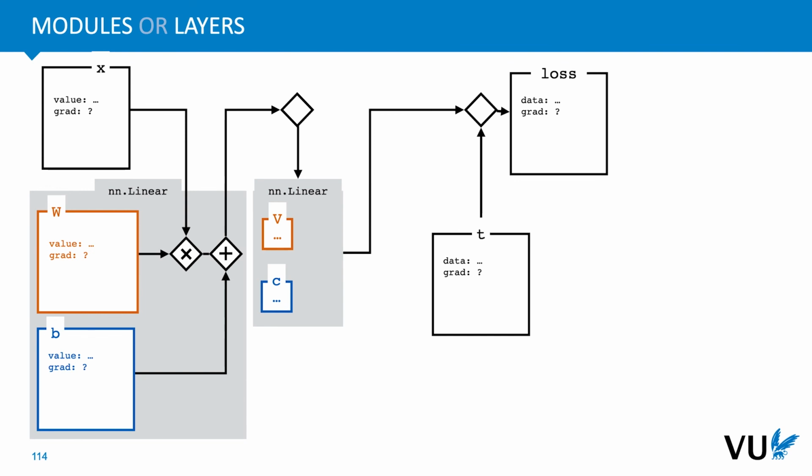In this picture here, we see a linear module, as it's called in PyTorch, which takes care of implementing the computation of a single layer of a neural network without the activation, and of remembering its weights and its bias. Modules are different from operations in that they only have a forward function, which performs the computation of the layer, but they don't have a backward function. They just chain together some operations, and the backpropagation calls the backward on these operations.